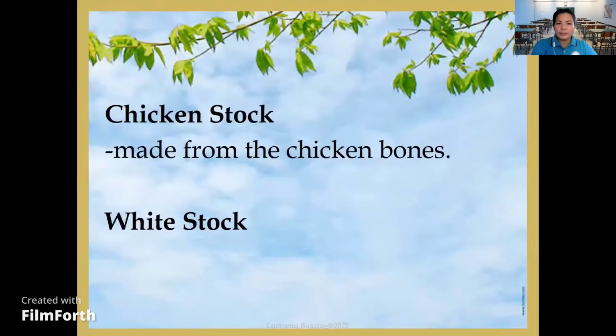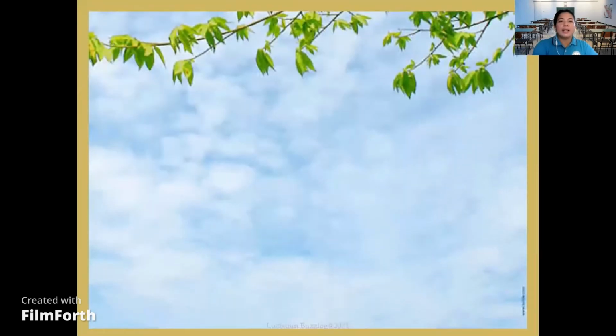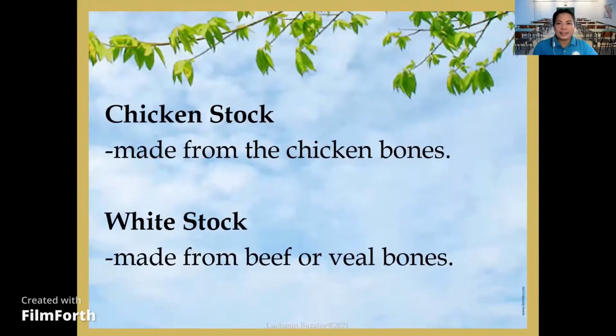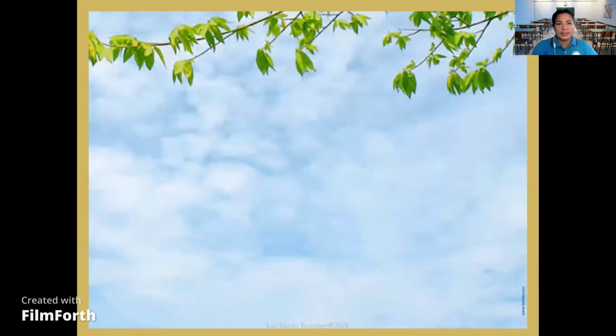So what about the classification of stocks? So meron tayong tinatawag na chicken stock. Pag sinabi natin chicken stock, syempre made from the chicken bones. So yung lang siya napukuluan until na yung flavor ng bones from the chicken ay humalo dun sa iyong stock. Then, white stock, made from beef or veal bones.